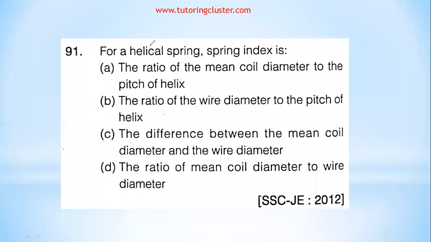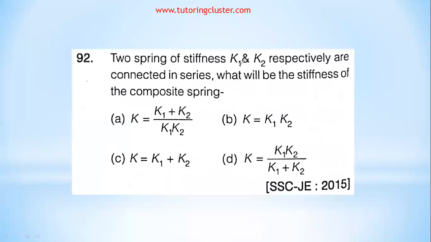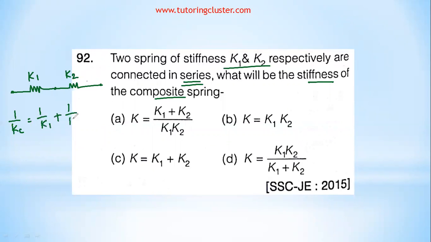Next, 92. Two springs of stiffness K1, K2 are connected in series. What will be the stiffness of the composite spring? In case of series, the equivalent stiffness is given as 1 by Kc equals 1 by K1 plus 1 by K2, which is equal to K2 plus K1 upon K1 K2.